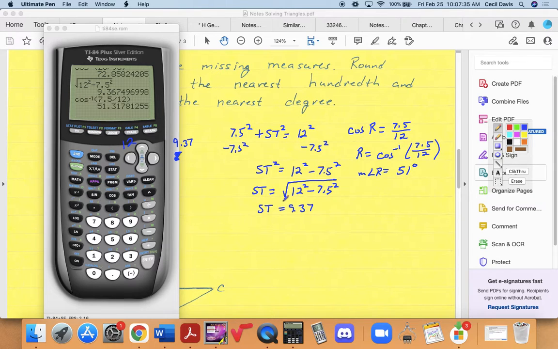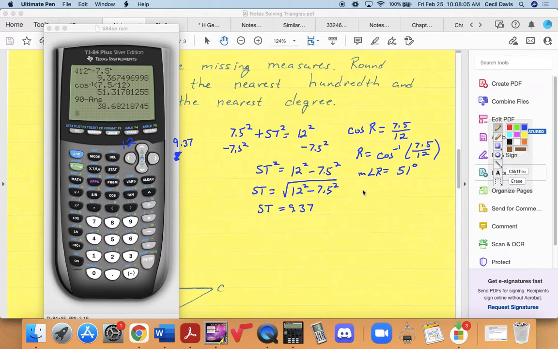We can just go, oh, I'll just take 90 minus that. And if you don't like it, well, you can just do this. You're like, I don't want to use 51 because that's a rounded number. Okay. Type 90 minus. And again, if you have a TI, if you do second, the negative sign, it takes 90 minus the previous answer. And you don't have to write out any of the decimal places.